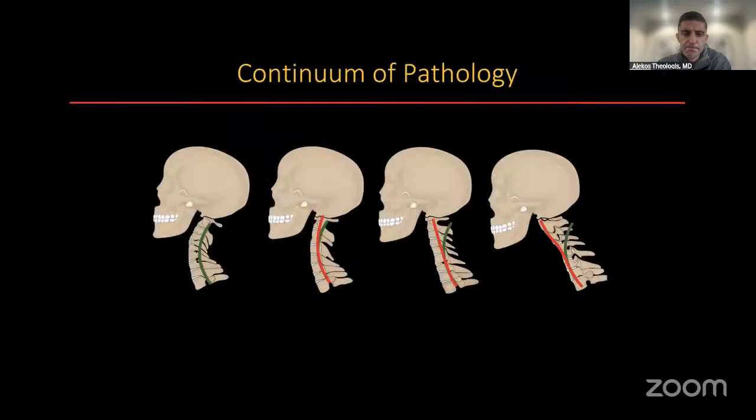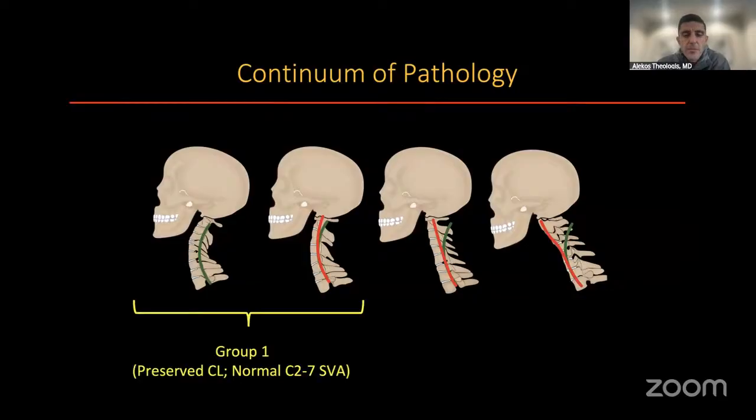And there is a continuum of pathology, and a flexible spine, as you see on the far left, can quickly or slowly over time start to lose its lordosis, become flat, and then start to increase its head thrust forward with an increase in the C2-7 SVA.